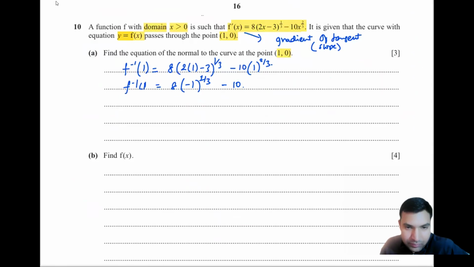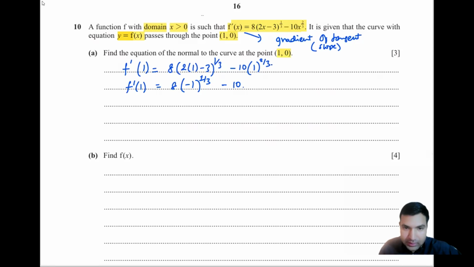This is f dash of x. So f dash of 1, we are getting it as this. So negative 1 to the power 1/3, right?